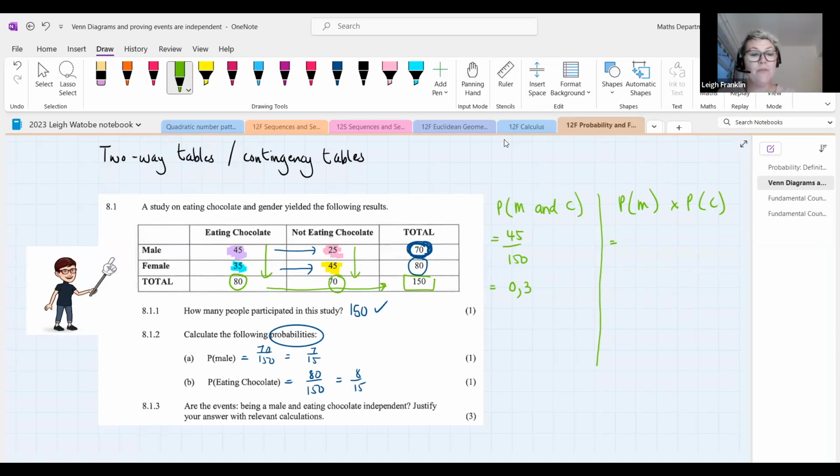The probability of being male we already know from 8.1.2 part A. That's 7/15. The probability of eating chocolate is our answer from part B of 8.1.2, which is 8/15.